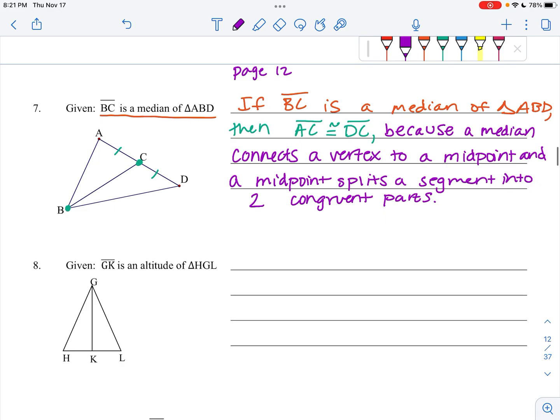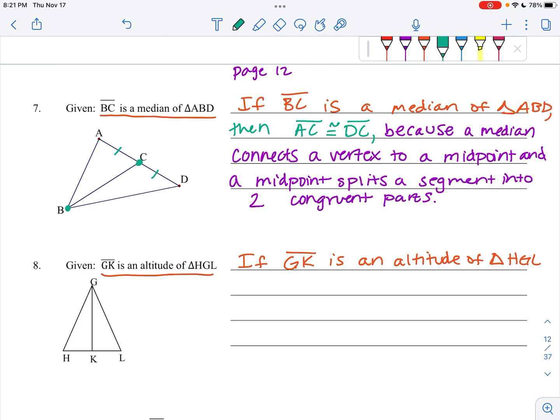All right. So the second one, the if, says that we have an altitude. So we're going to say if GK is an altitude of triangle HGL. Again, my then is what would I label on this diagram?